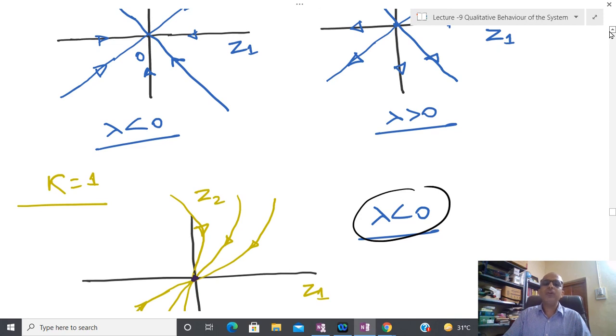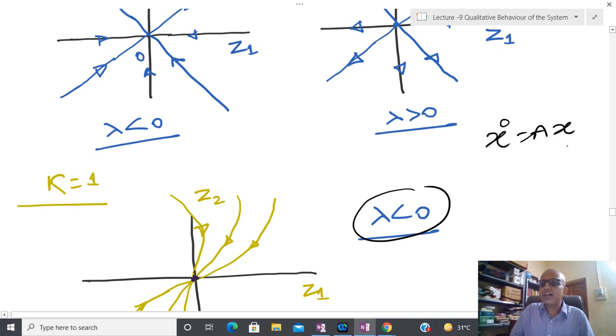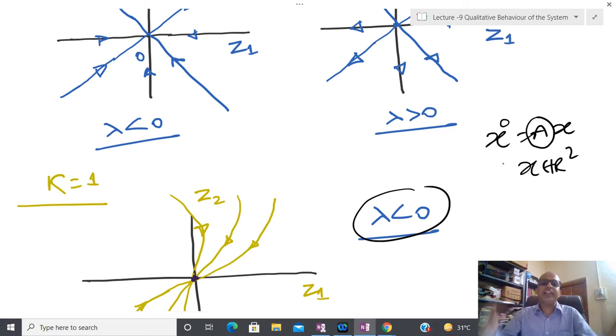So what we found in today's lecture, that if I have some kind of linear system, a two-dimensional linear system I am talking about, and in a two-dimensional linear system, here the behavior of the system, because whatever I have is a linear system, so either I can talk about the equilibrium point or the behavior of the whole system, that remains the same.